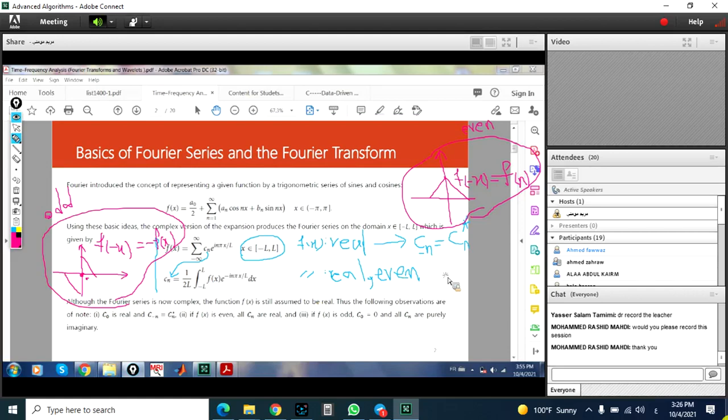And if our function is real and even, our Fourier coefficient is also even, and we can write that the conjugate of Cn is equal to Cn.